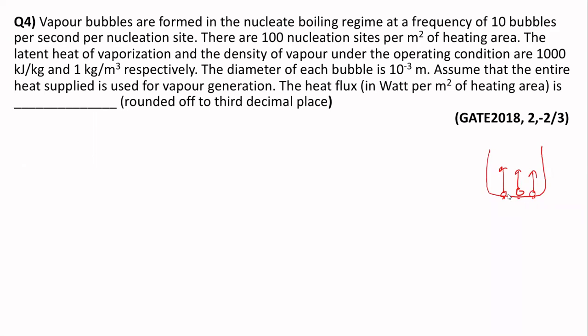You have been asked to calculate the heat flux, and it has been said that all the heat that has been supplied is used for vapor generation only. So what we have is Q double dash equals m times lambda, where lambda is the latent heat and m is the mass of liquid that has been converted into vapor.